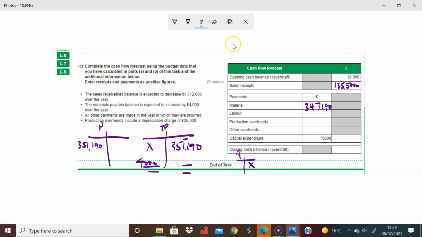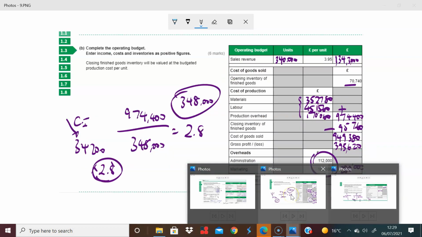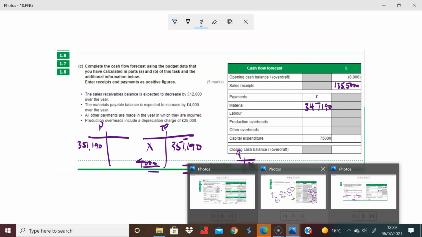So labor, if we go back and look, was 451,560. And it says the production overheads include a depreciation charge of 25,000. Let's look at that.